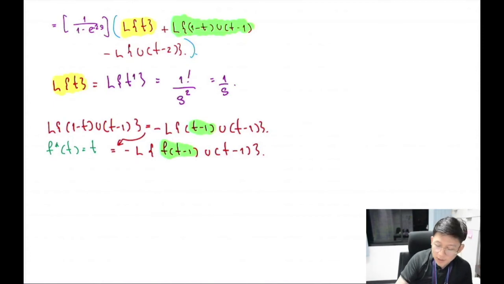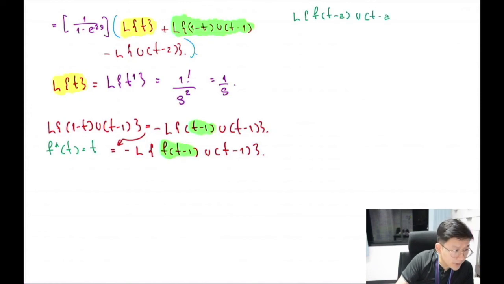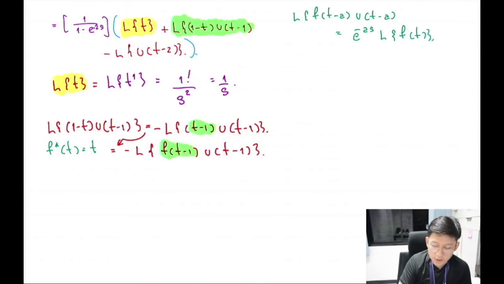And then we can apply the formula that we learned last time, which is the Laplace transform of f(t minus a) u(t minus a) is e to the minus as times the Laplace transform of f(t). We did that last time, in the previous video. If you don't remember, go back and watch the previous video.